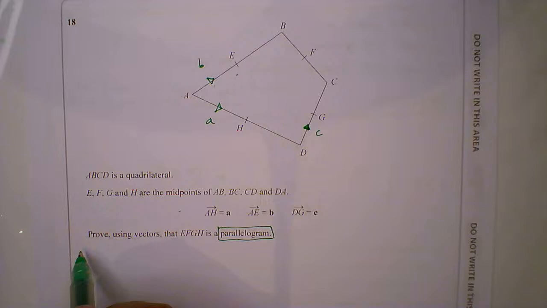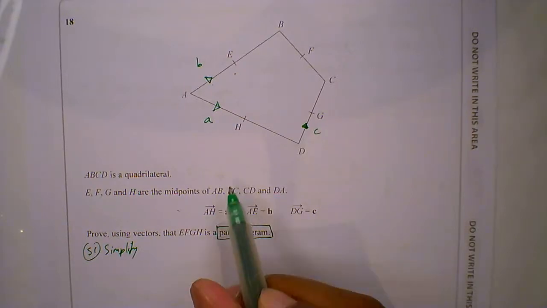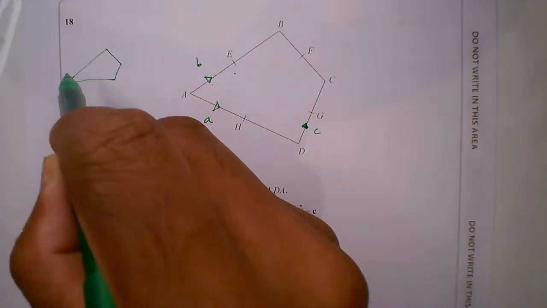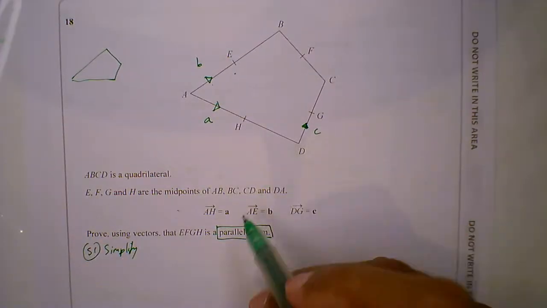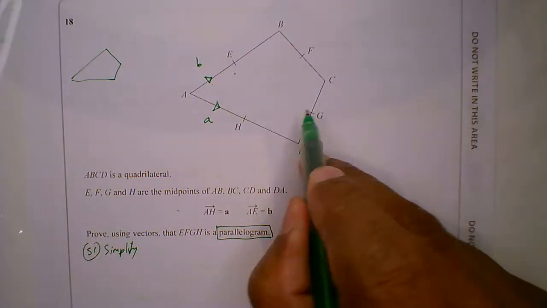Step one is always to simplify. This is a quadrilateral, a four-sided shape, and I'm looking for a parallelogram, which is EFGH.